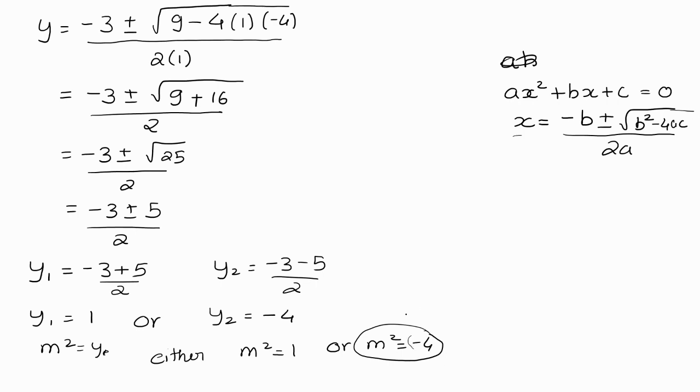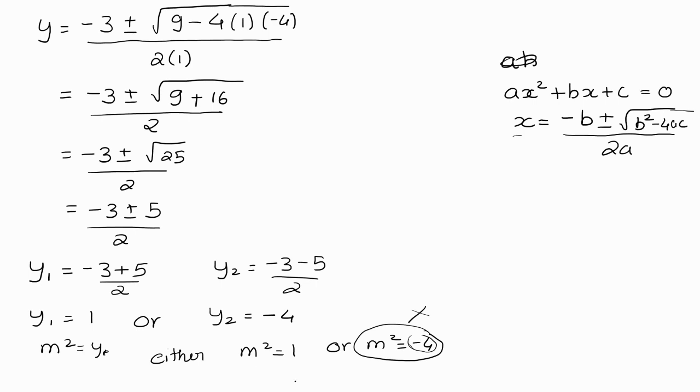We have some other sets also, like complex numbers, where the roots of negative numbers are well defined, but we are not interested in this part now. Therefore m square is equal to minus 4 has been discarded.